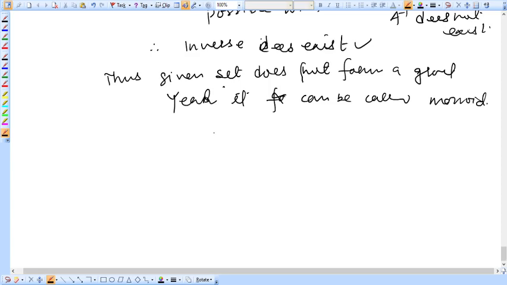Now we are going to take one more problem on group, then we will be switching over to the properties of group, right?